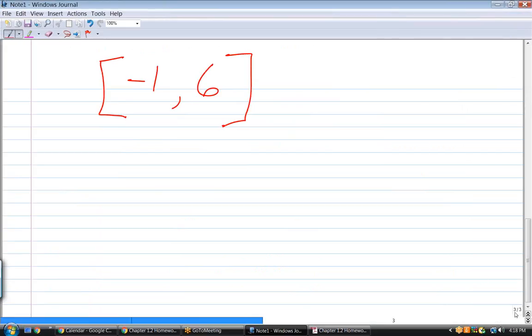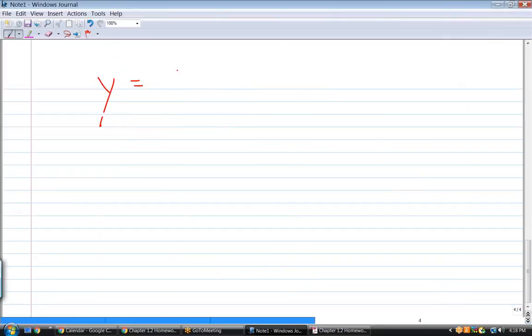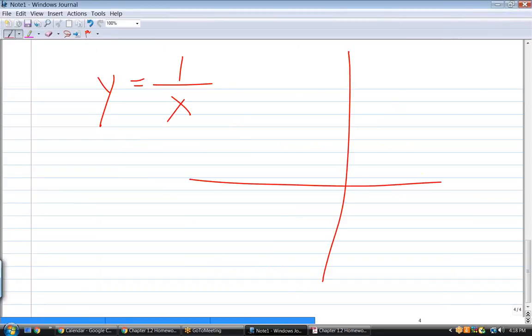As another example of a more familiar function, if I say y = 1/x, that is hyperbolic.